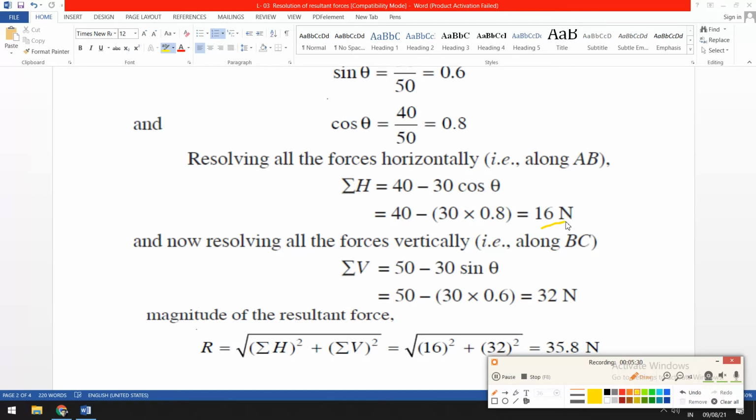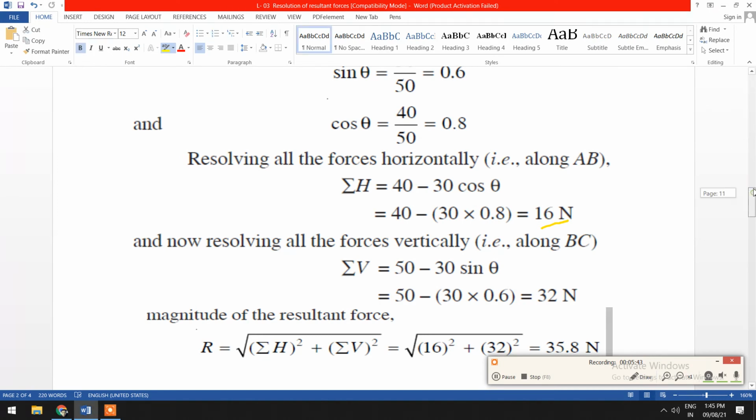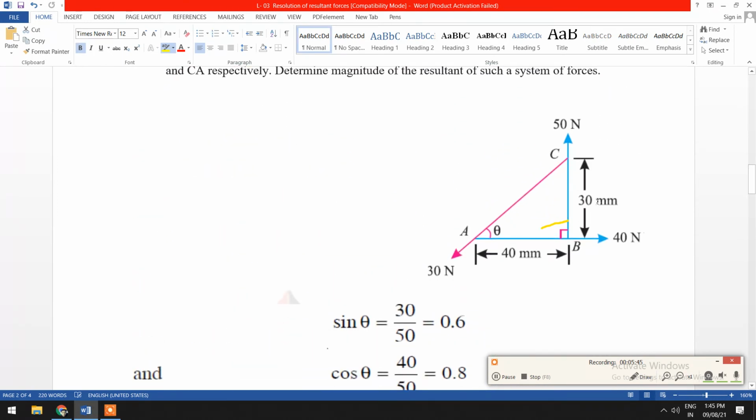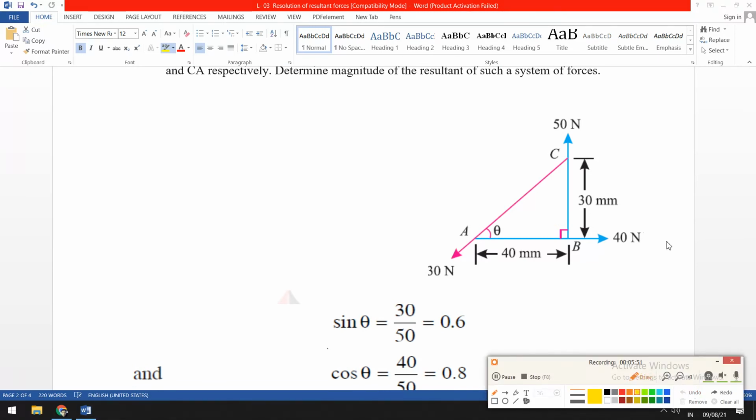Now again, resolving the same forces in the vertical direction, from the figure we can see that the 50 Newton force is acting along the vertical y-axis, and at point A the 30 Newton force is acting inclined at angle theta. The 30 Newton force is resolved into two components, 30 cos theta and 30 sin theta, and the vertical component will be considered for the calculation.